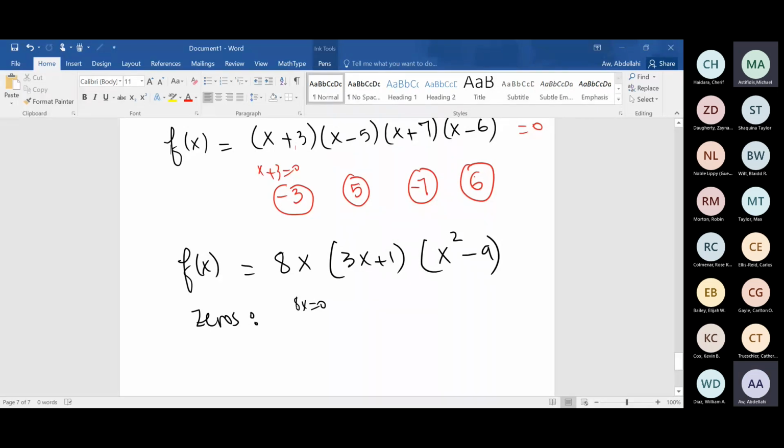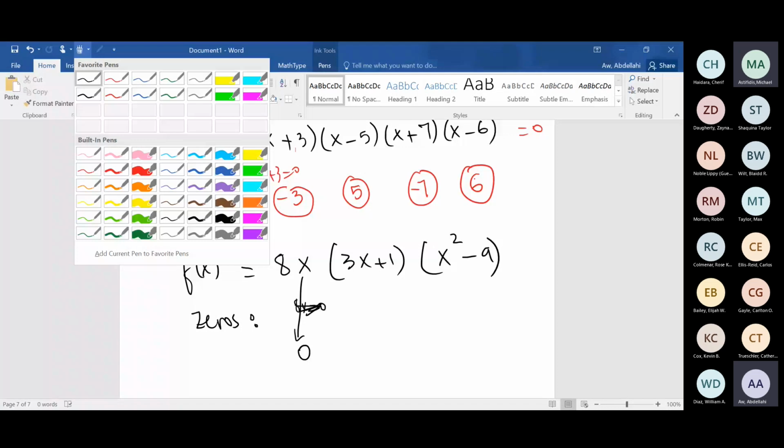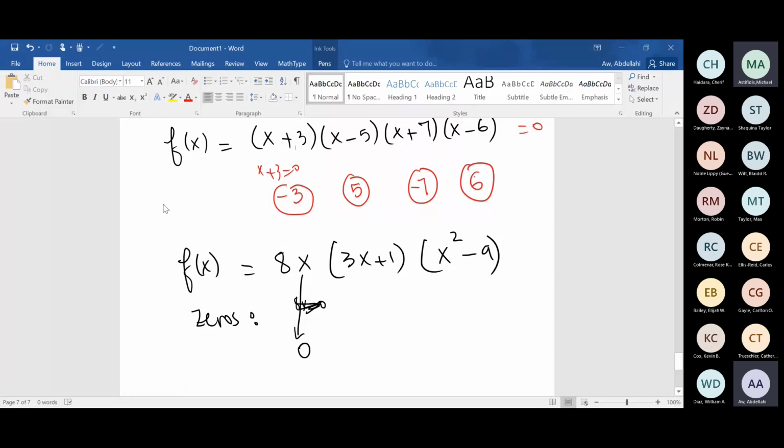The 8 will not matter at all. So for this one here, the 0 is 0. Everybody understand that? Don't say 8. 8 is not a 0, everybody. Some students say 8. When you set 8x equals 0, how do you get x by itself? What do you do?